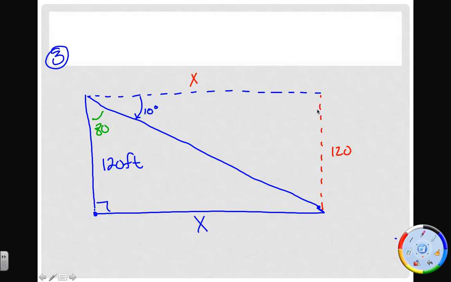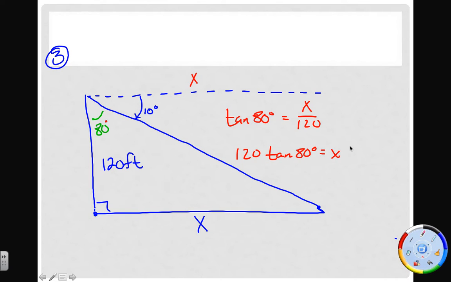So if I do a little bit of erasing here, I don't actually want to use the outside triangle. I want to use the inside triangle. So I can say, according to this 80 degrees, I know that the tangent of 80 degrees is equal to x over 120, and therefore 120 times the tangent of 80 is equal to x.